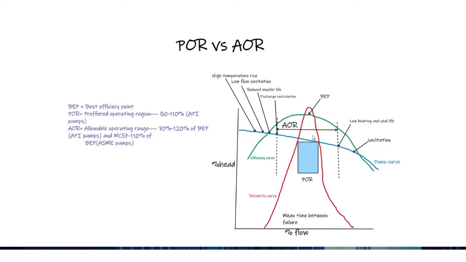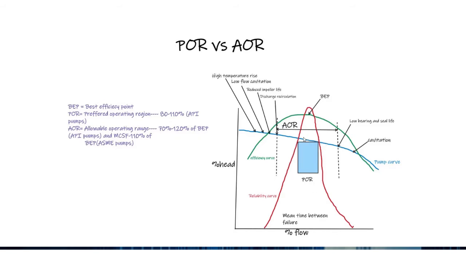Okay. So the pump is designed by the manufacturer with the best efficiency point, and there is basically an allowable region towards the left and right side of this best efficiency point, over which if the pump operates, its reliability will not be affected much.